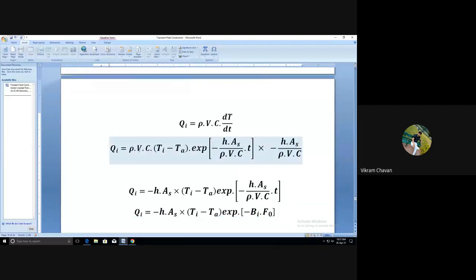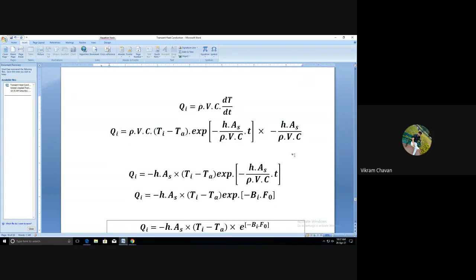Now rho Vc from the numerator and rho Vc from the denominator will cancel, and we get Q suffix i is equal to minus h multiplied by A suffix s multiplied by (Ti minus Ta) exponential of the bracket, minus h multiplied by A suffix s divided by rho Vc multiplied by t.